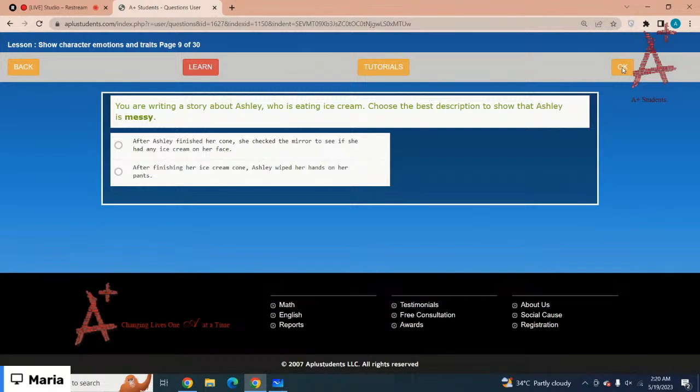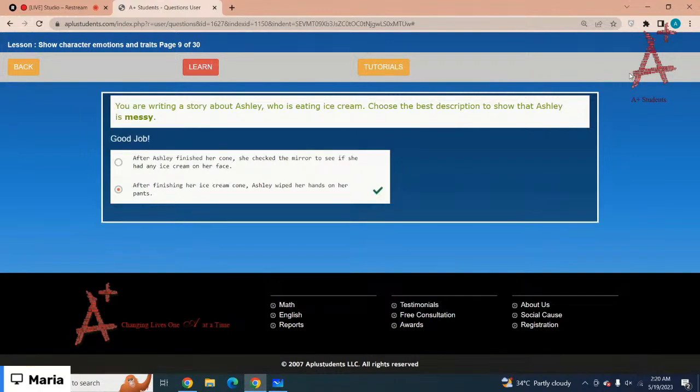So, which is the correct option, one or two? Yes, it would be the second one because she is messy. She wiped her hands and created a mess on the pants. So, it would be option number two.